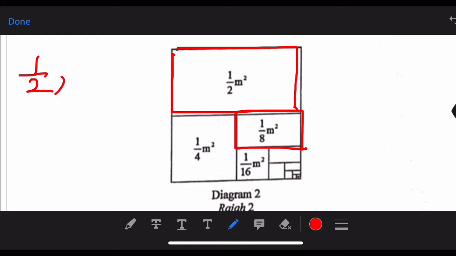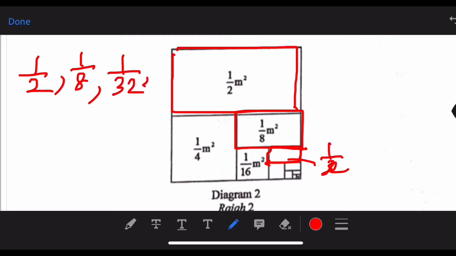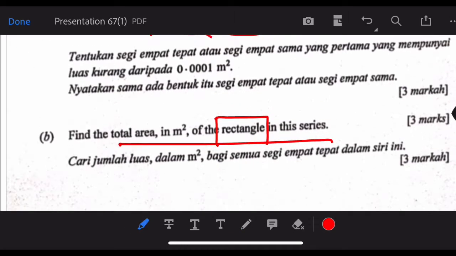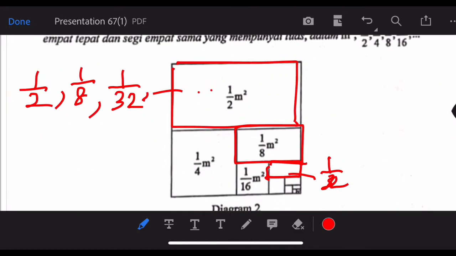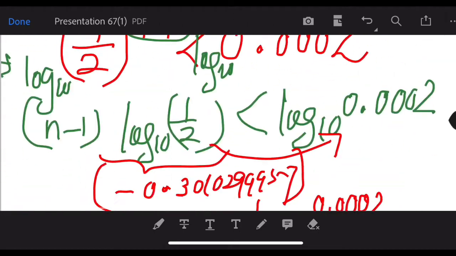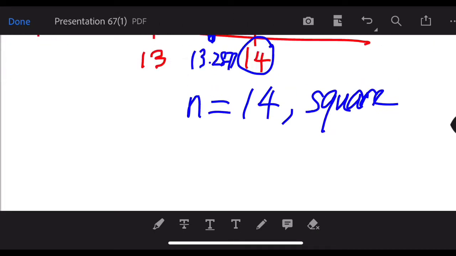We just want the rectangles, and we have one more. It should be 1/32, right? So the question is asking you to find the sum of the areas of the rectangles in this series. It is an indefinite series, meaning it will continue from 1/2 to 1/8, then to 1/32, right?